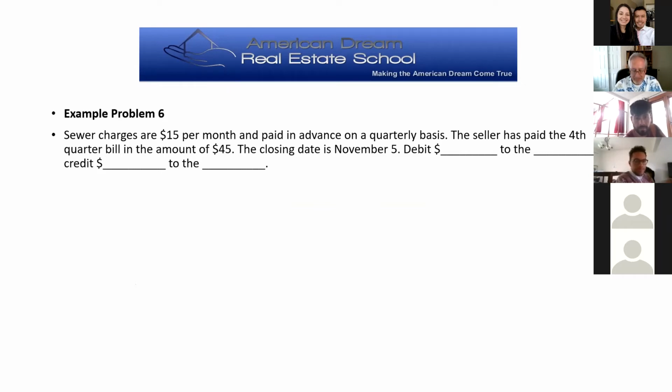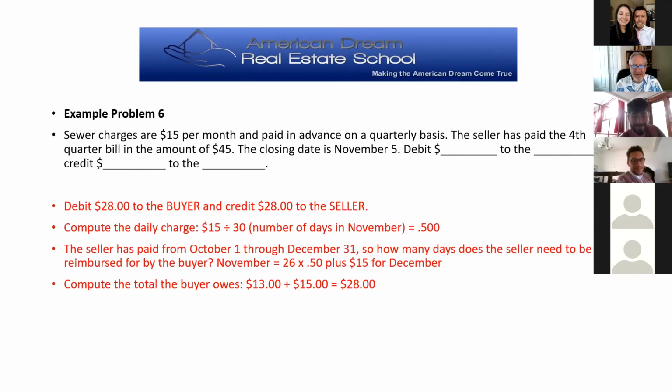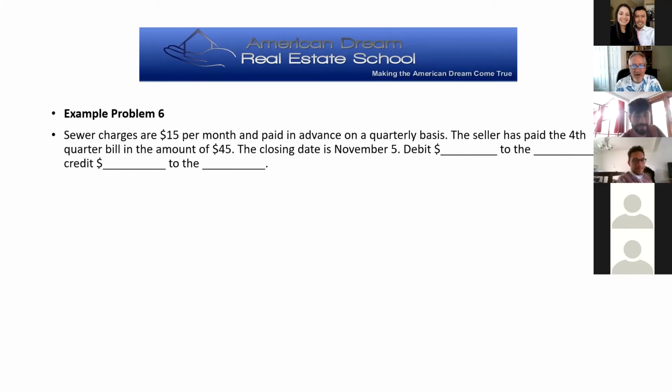Who's getting a credit? You debit the buyer, credit the seller. Right, because they're paid in advance. Good job. Okay. So how do we do this one? What do we do next?